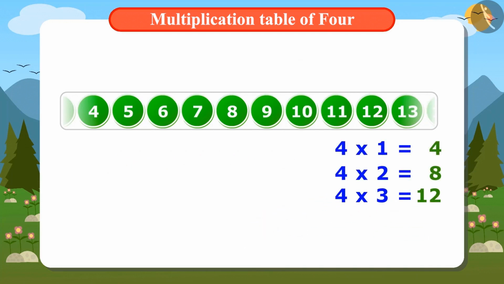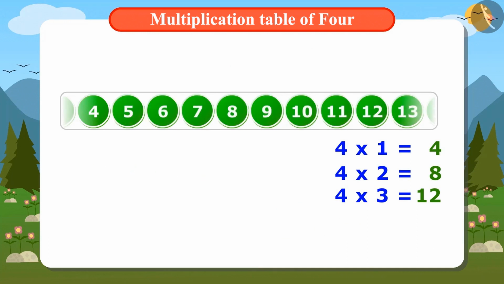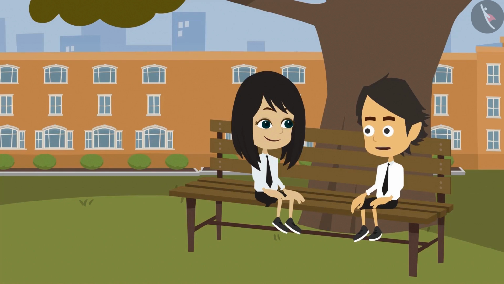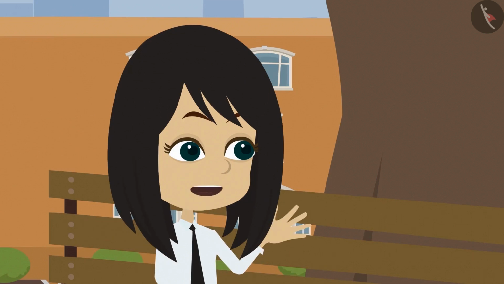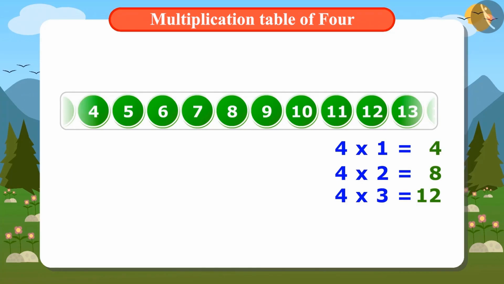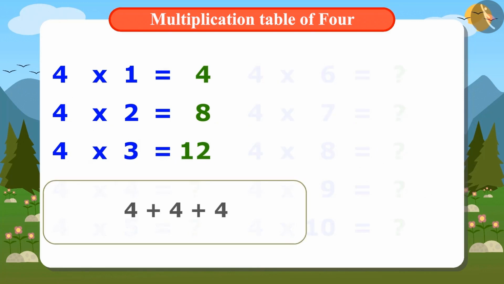Now to find out the next number, we will add 4 4 times. Wait, Neha. I don't think we need to add 4 4 times. Then how do we find out what 4 times 4 is? Look, to find out 4 times 3, we have added 4 3 times, whose answer is 12.